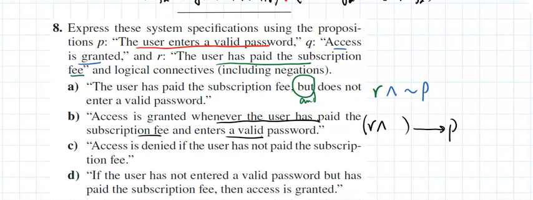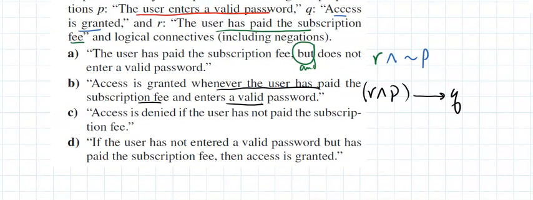Okay, I'm messing things up. Let me read it again. Okay, one more time. Access is granted. Oh, that wasn't P, that was Q. So you can access provided you either pay the subscription and you input the correct password.